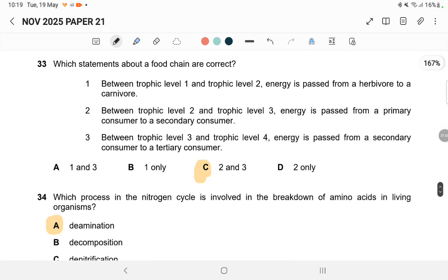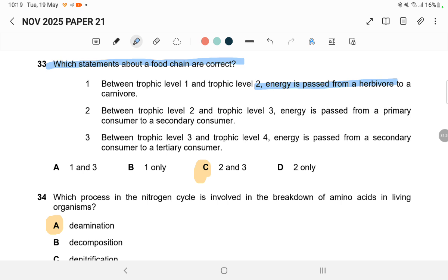33. Which statements about a food chain are correct? Now the answer will be 2 and 3. Let us understand why. Statement 1 says between trophic level 1 and trophic level 2, energy is passed from a herbivore to a carnivore.